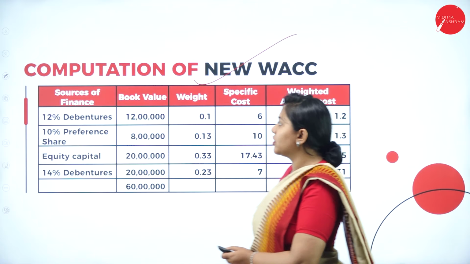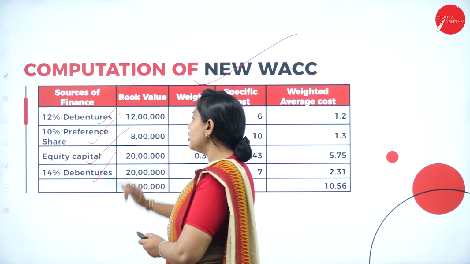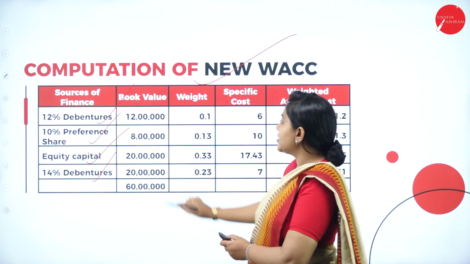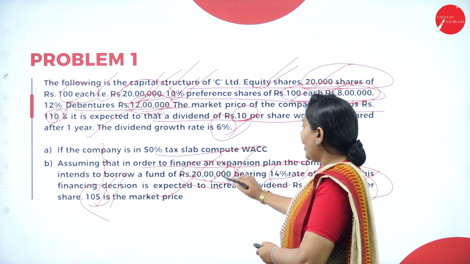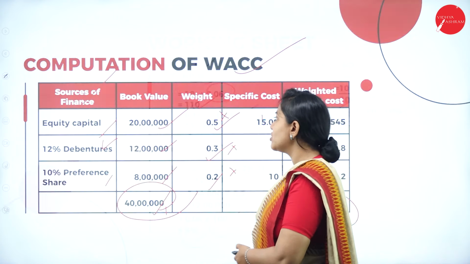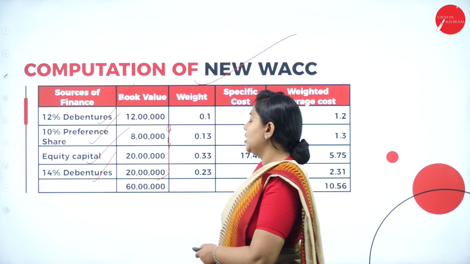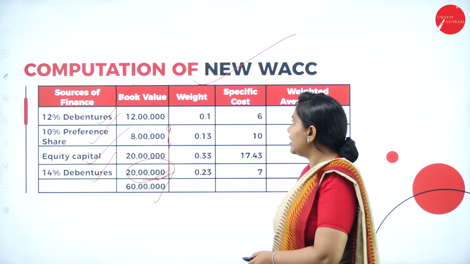Computation of new WACC. 12% debenture, 10% preference shares, equity share capital 14%. Everything remains the same. The only addition here is 14% debenture of 20 lakh, added to the new WACC table. Now, the total book value changes.